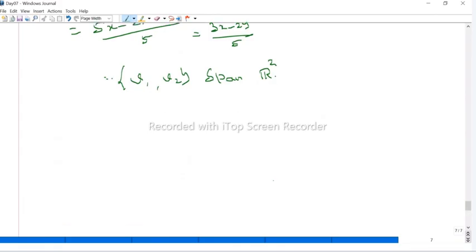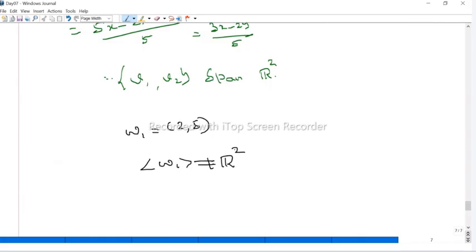Okay, but let us take one more example. Suppose I take a single vector W1. If we take only one vector, we cannot span the entire space. Suppose W1 equals (2, 5). Therefore the span of W1 is not equal to R2.